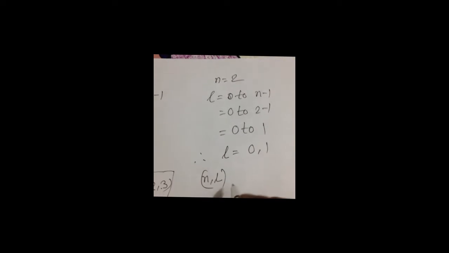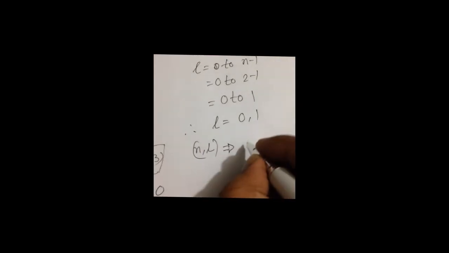Now if we consider n equal to 2 and l, we will get two different sets: 2, 0 and 2, 1.